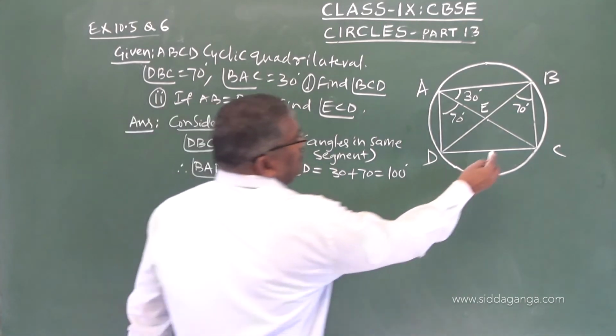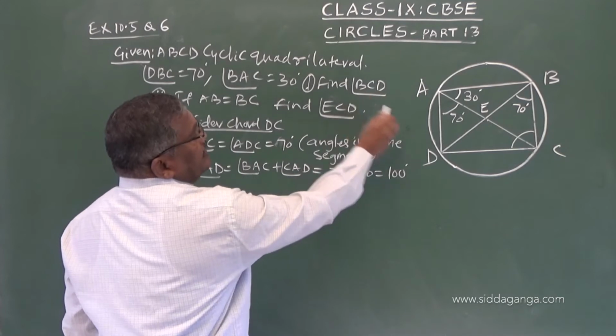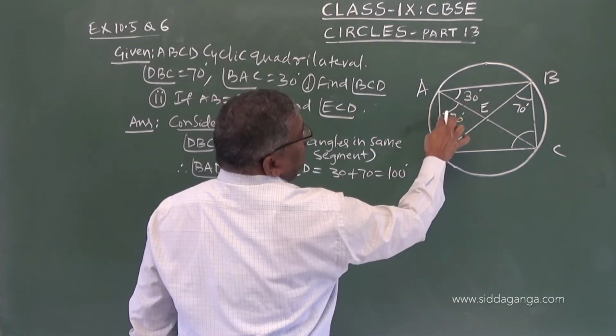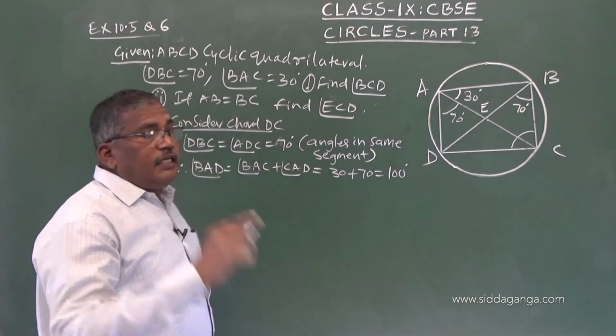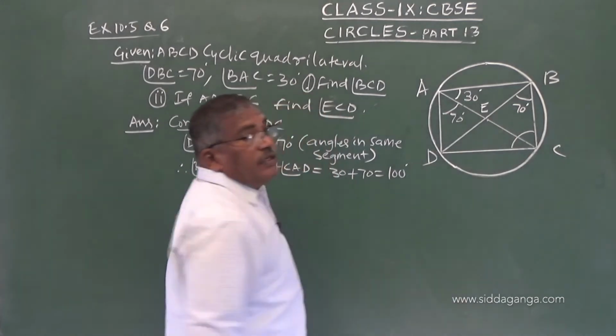We have to find this angle BCD. So the opposite one is 100 degree that we have calculated. In a cyclic quadrilateral, the sum of opposite angles is 180 degree.